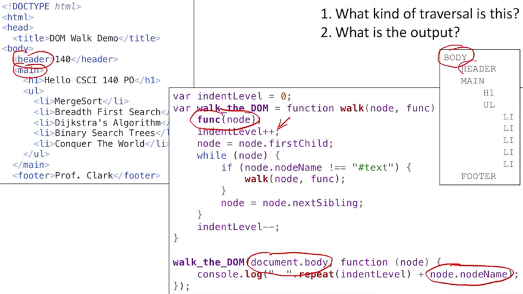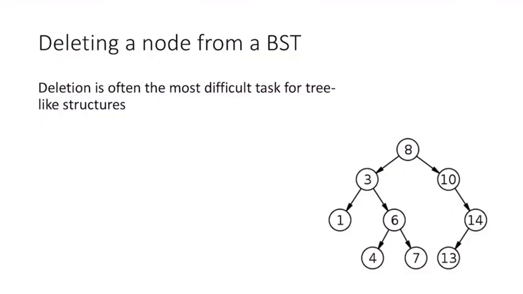So I'll print off header. Header doesn't have any children, so then I print off main, and then I recursively print off its children, which include the h1 tag, the ul tag, and the li tag. So this is a pre-order traversal over the DOM, and this is something you do pretty commonly when you develop something like a web app.